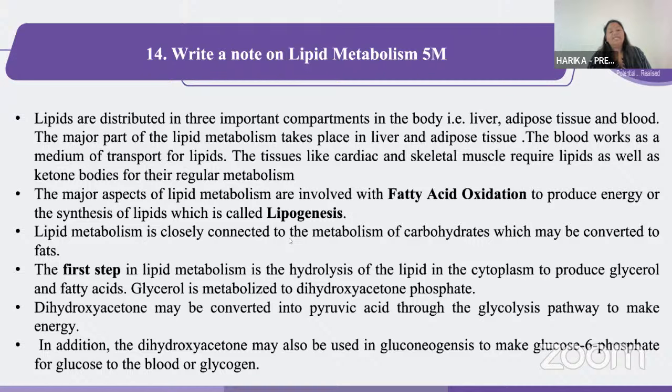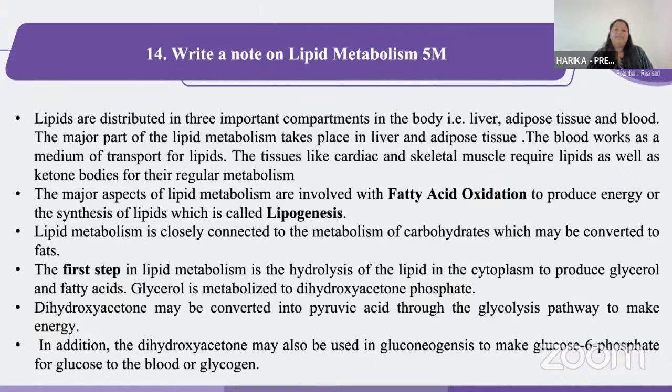Lipid metabolism is closely connected to the metabolism of carbohydrates, which are converted into fats. The first step in lipid metabolism is hydrolysis of lipids in the cytoplasm, which produces glycerol and fatty acids.